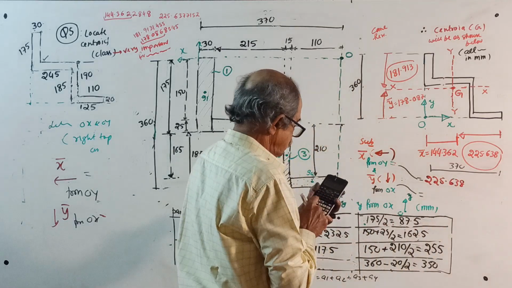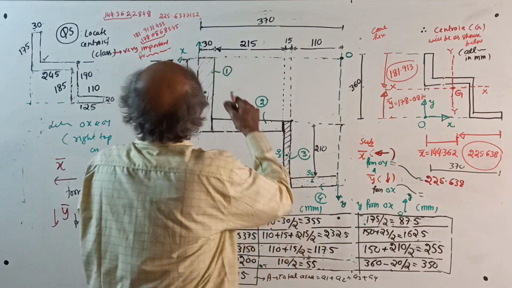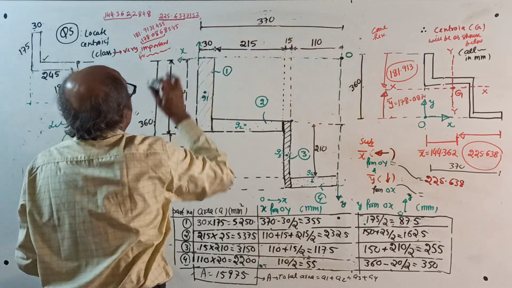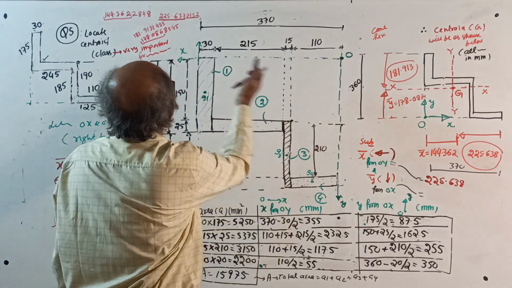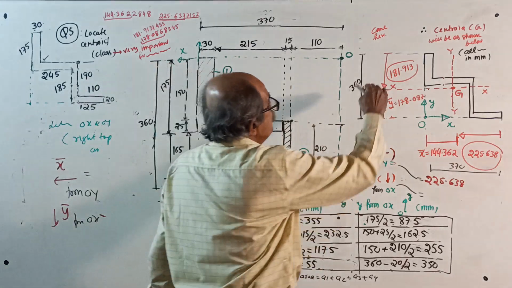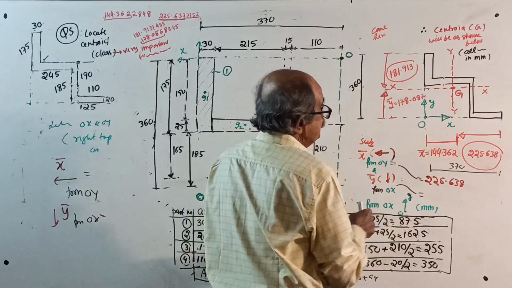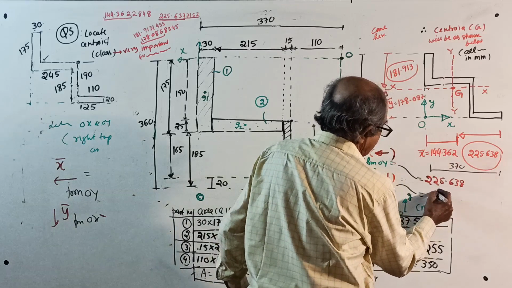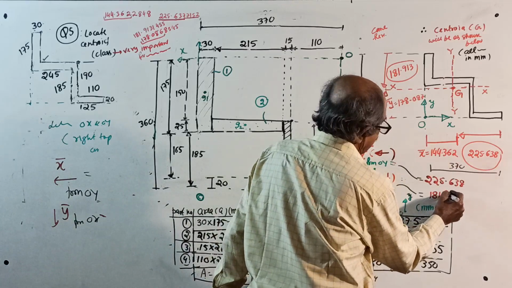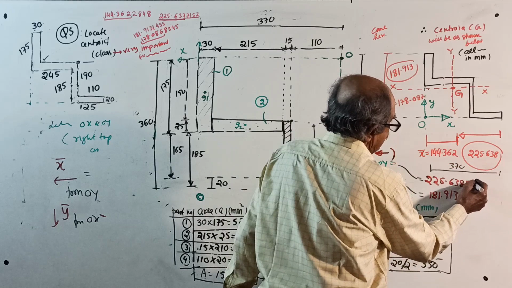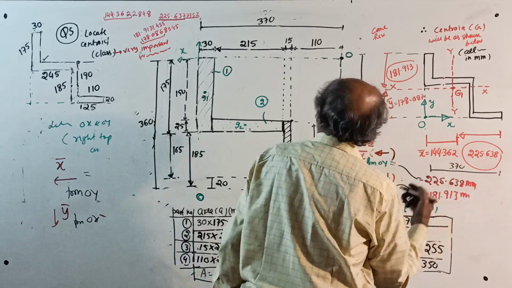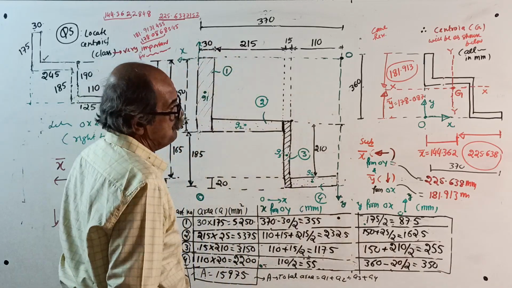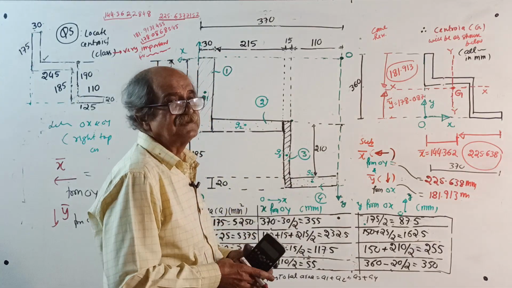Actually, it came 225.6377152 is x bar. Y bar from the top edge, downside, is 181.913 millimeter. Actually, it came 181.9131455. Okay, these are the answers you got.